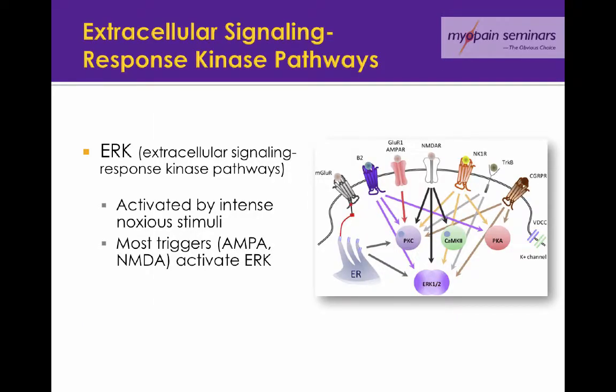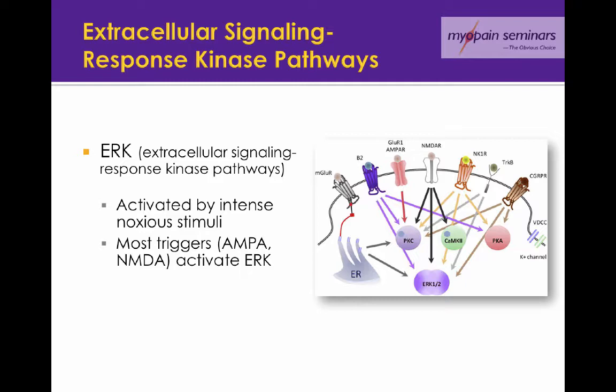Serotonin can activate the extracellular signal-regulated kinase pathways, and it's activated by intense noxious stimuli, but it can amplify and maintain central sensitization. In this case, it occurs as a result of the action of activated cell surface receptors, particularly AMPA and NMDA, which activate the extracellular signal-regulated kinase pathways.